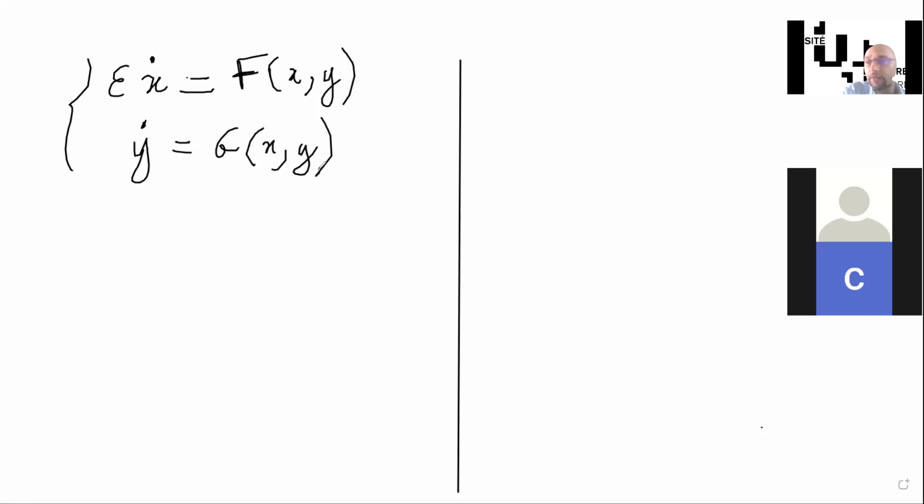Okay, so epsilon is small, right? I told you that. So epsilon in this problem is small. So why not take it 0, right? I just put it 0.